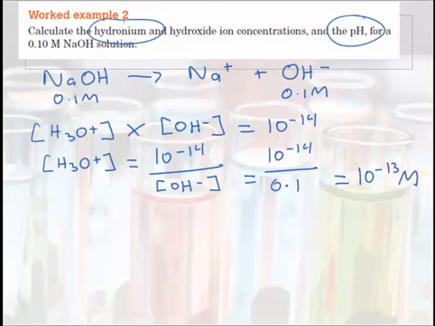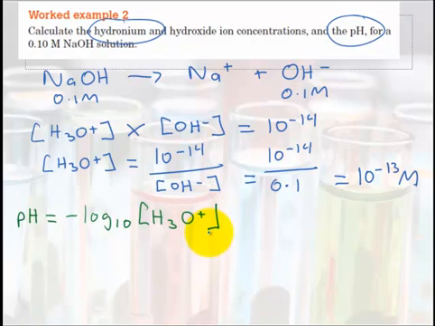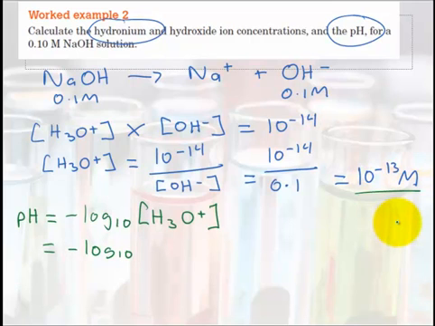First one I'll show you is pH equals negative log 10 of hydronium ion concentration, which equals negative log 10 of what we've just worked out here. So it is 10 to the negative 13.